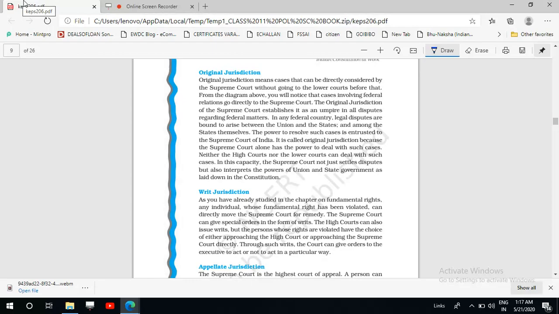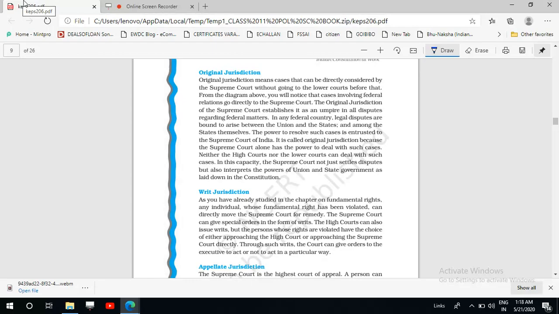But according to the Kerala government, in its petition, it has laid its views that the Citizenship Amendment Act is violative of the doctrine of basic structure, because it is against the principle of equality, freedom, and secularism.